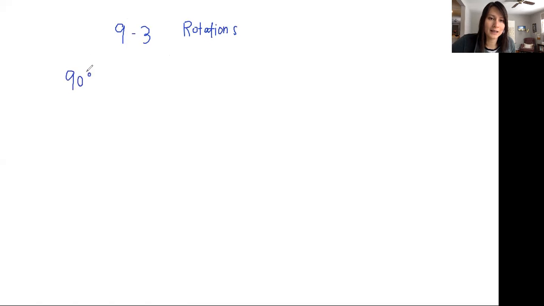We're going to look at a 90-degree rotation, a 180-degree rotation, and a 270-degree rotation. And when it comes to rotations, the standard rotation is always going to be counterclockwise, unless it's specified.